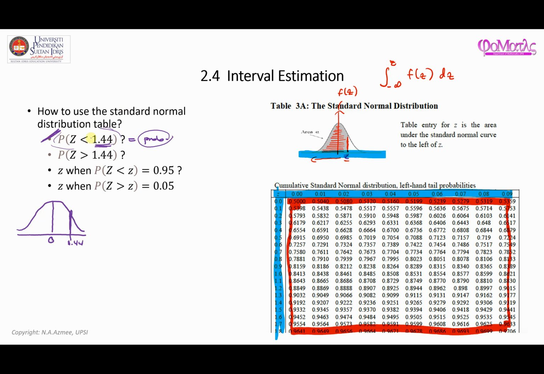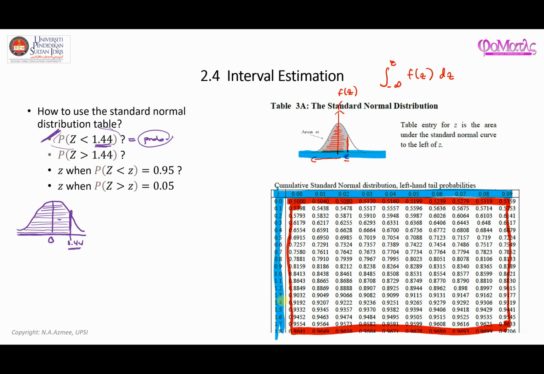When it says less than 1.44, it means from this point to the left. Since the area here matches the area given on this figure, the answer can be directly obtained by finding 1.44 on the Z column.